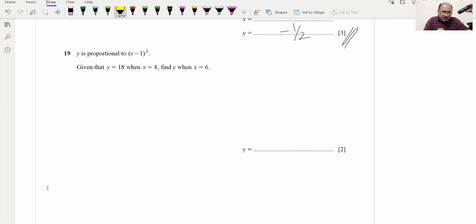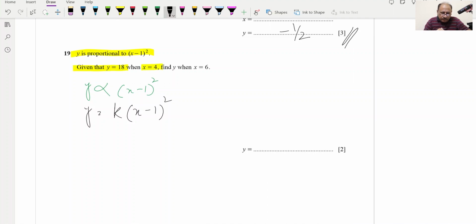Question number 19. y is proportional to (x minus 1) whole squared. So if we mention this statement, y is proportional to (x minus 1) whole squared, we can write it as y is equal to k into (x minus 1) squared, and we can replace these values given that y is equal to 18 when x is equal to 4.